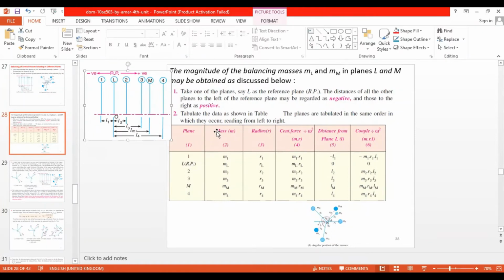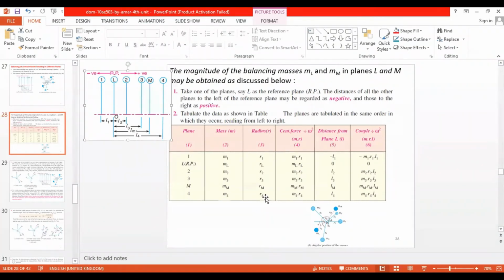Then I need to put the masses. The mass in plane 1 is m1, plane 2 is m2, as given in the data. So m1, ml, m2, m3, m4 and mm. And then the radius from the axis of rotation: r1, rl, r2, r3, rm, r4.